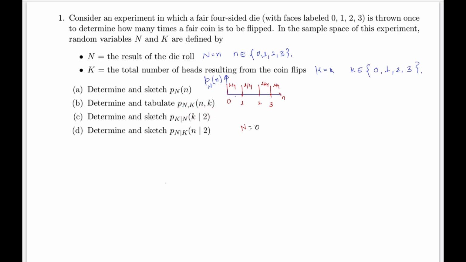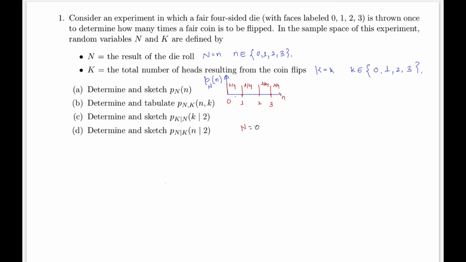Now coming to these joint probabilities, we are talking about the joint event, that is, random variable N takes the value little n and, at the same time, random variable K takes the value little k. So what are the possible pairs that we can talk about?